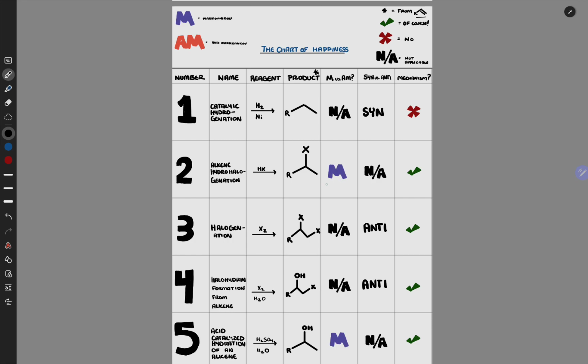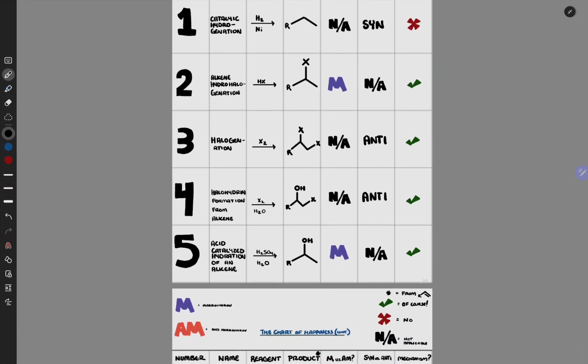So this takes the Markovnikov addition approach, and we'll see that HX will add a hydrogen, and the halogen will be added onto the more substituted carbon. We do need to know the mechanism for that. We will go over that in this video.